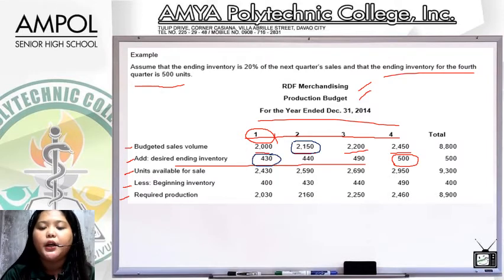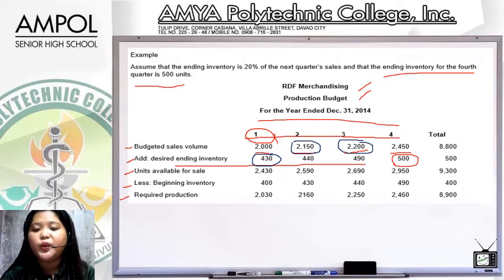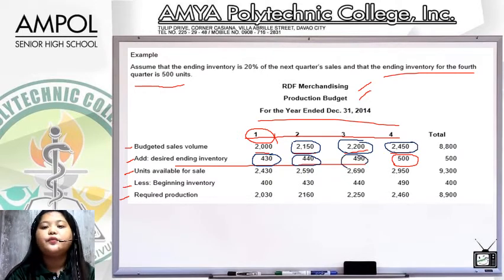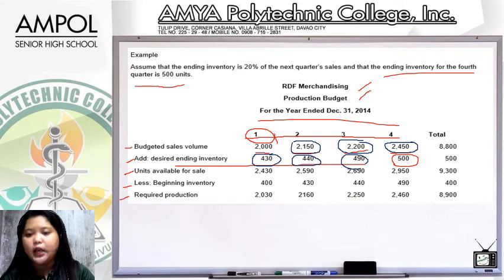So, we are going to write that one sa first quarter. The same lang kay 2,200. So, ilan yung 20% ni 2,200? That is 440. And then, the same kay 2,450. Ang kanyang 20% is 490. So, ganyan ang pagkuha kay additional desired ending inventory.